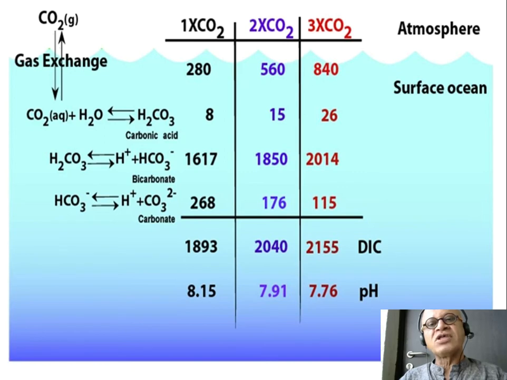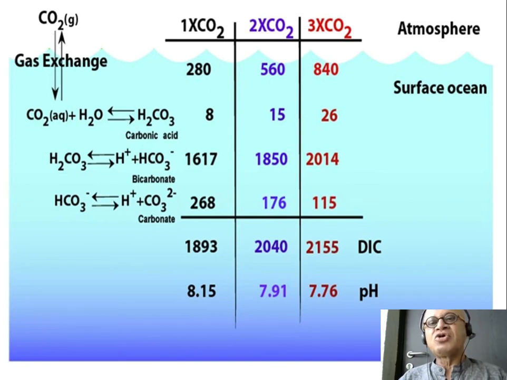Here it's gone more than triple, so it's a non-linear process because the partition into HCO3 minus and CO3 minus change very differently. It depends on reaction rates, etc. So you can see that this only went up to 1850. H2CO3 almost doubled, but HCO3 minus only went up by some few percentages.